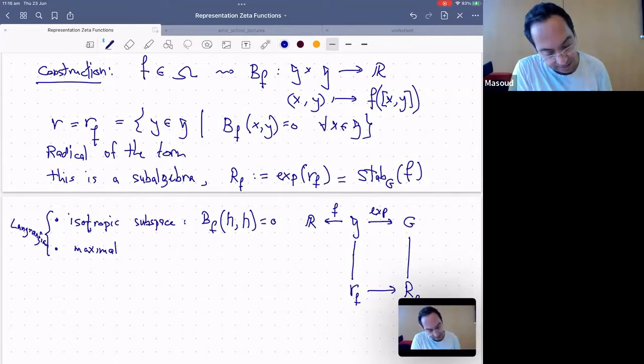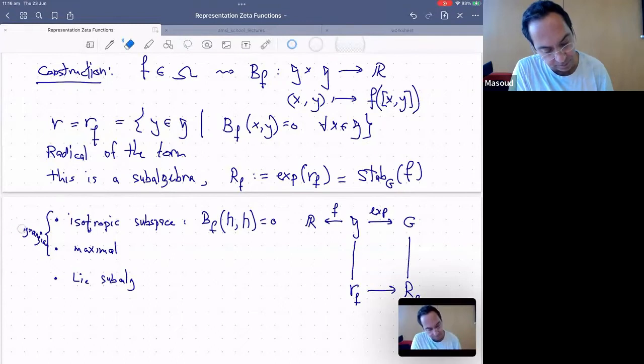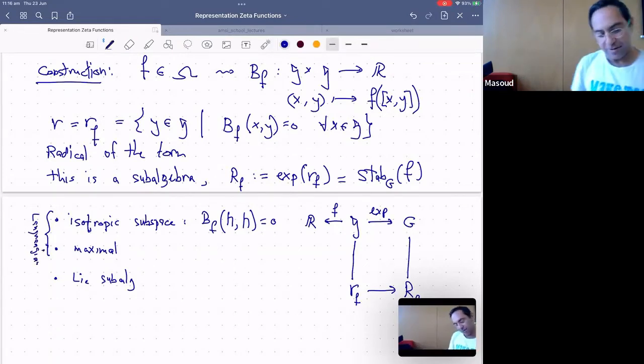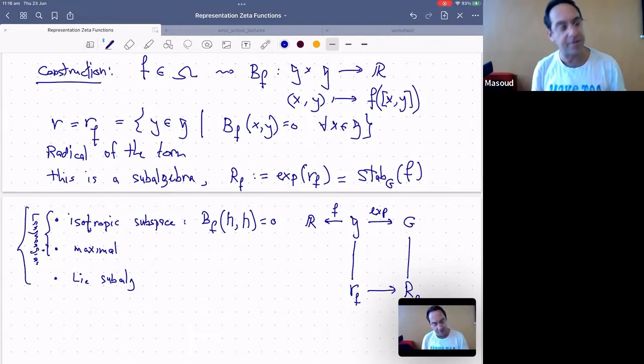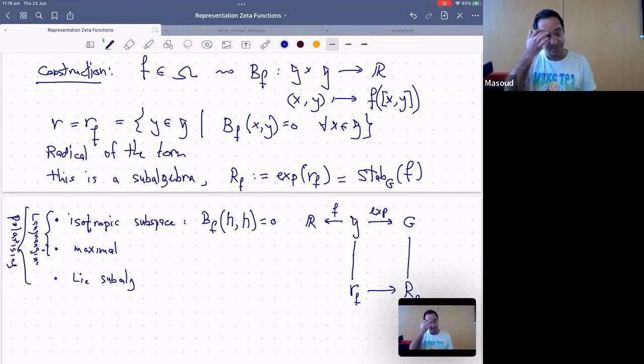And in addition, if this is not just a subspace but a Lie subalgebra, then it's called Lagrangian. And if you have everything here, then this is called the polarizing subalgebra.